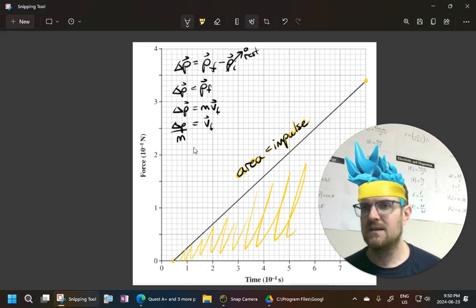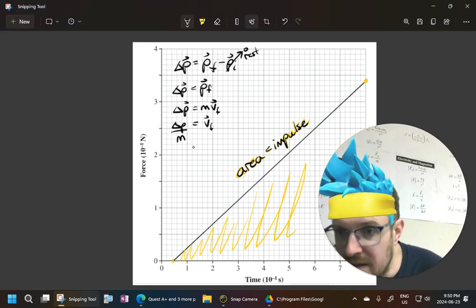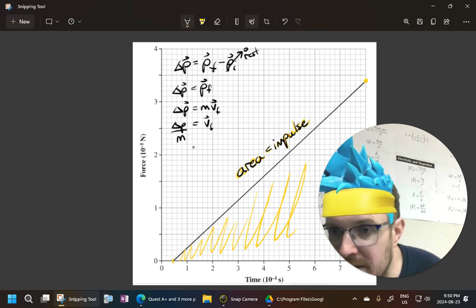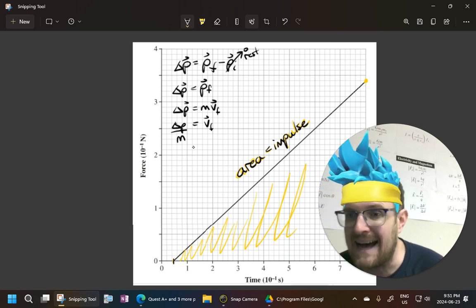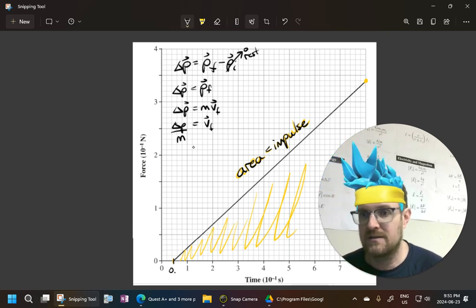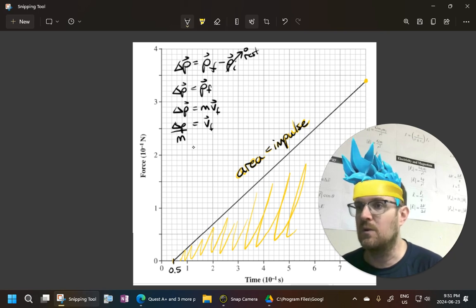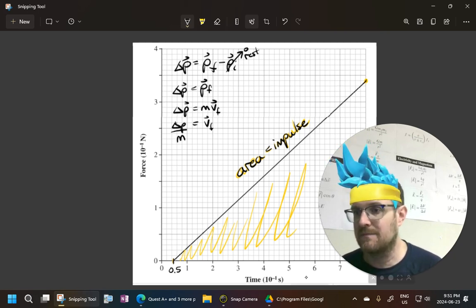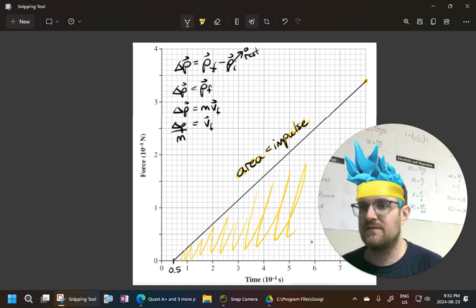Okay, so let's find the area. All right, so they probably have a kind of wiggle room here. It looks like that is pretty close to being a half. All right, so 0.5, I'm just going to go with that. And this is going all the way over to here. So my base here is going to be 0.5 to 8. So let's find this area out here.